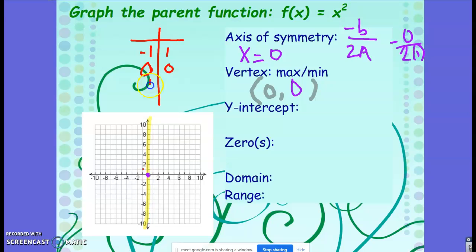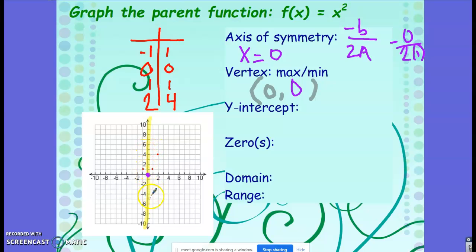If I plug in +1 and square it, it is also going to give me +1. If I plug in 2 and square it, that's going to give me 4. So now I have a few points on my graph that I can see the shape.